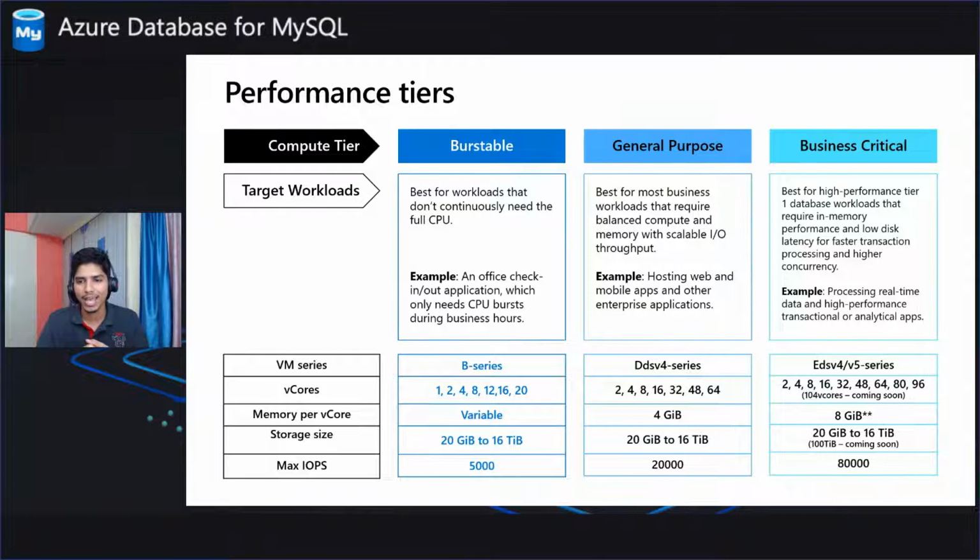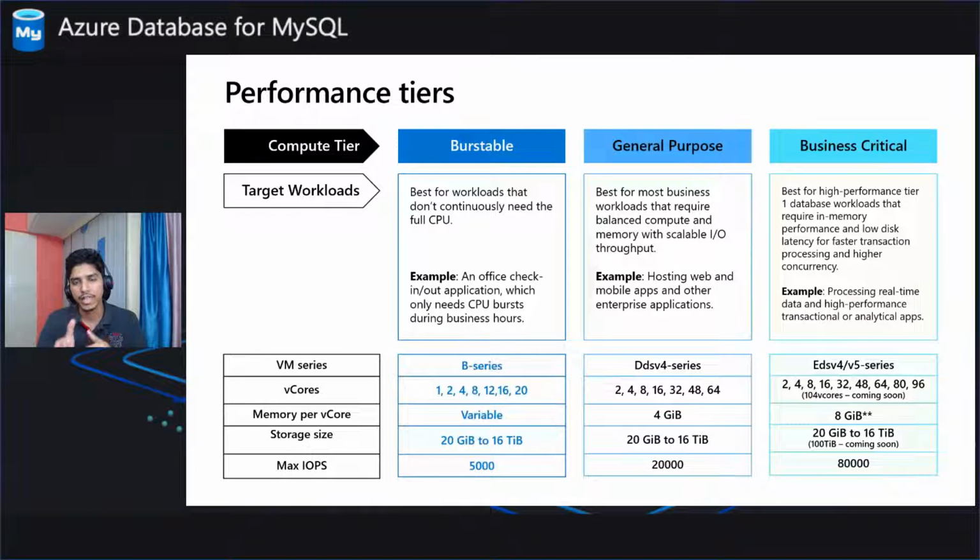In the burstable tier, we have a B series of VMs and vCores starting from 1 and ranging up to 12, 16, and 20 as the higher cores in the burstable tier. The memory per vCore in the burstable tier is variable, and the storage size starts from 20 GB right up to 16 TB as well. The maximum IOPS possible in the burstable tier is 5,000.